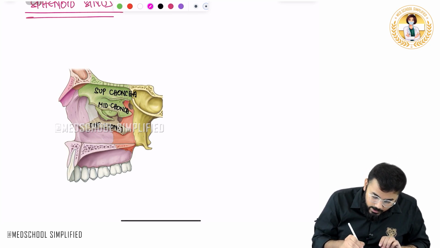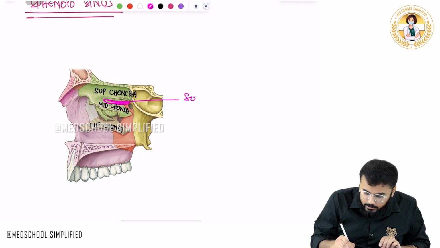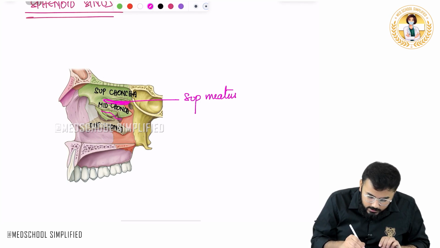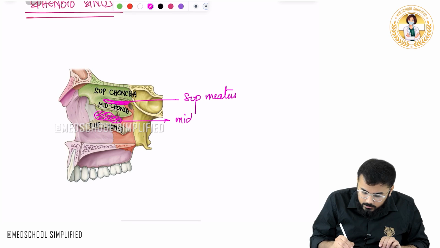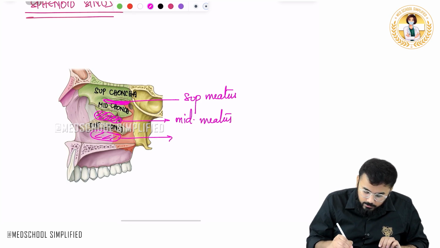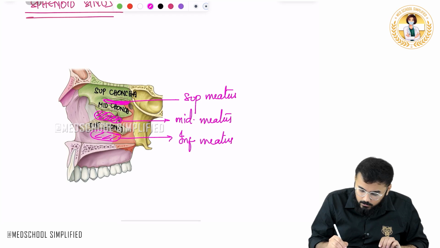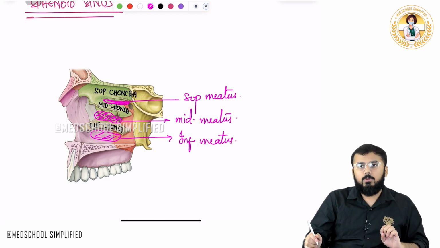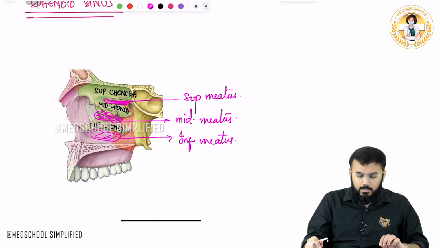Next, beneath them, this gap is your superior meatus, this gap is your middle meatus, and this gap over here is the inferior meatus.